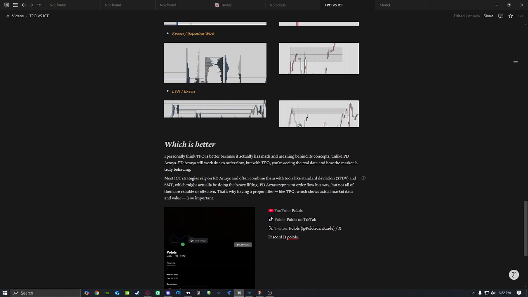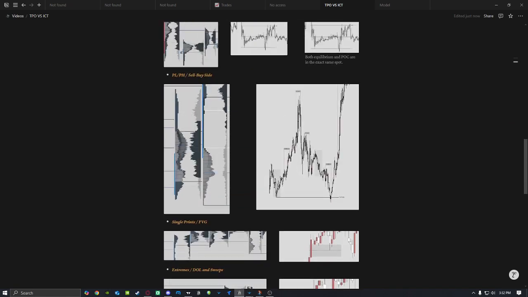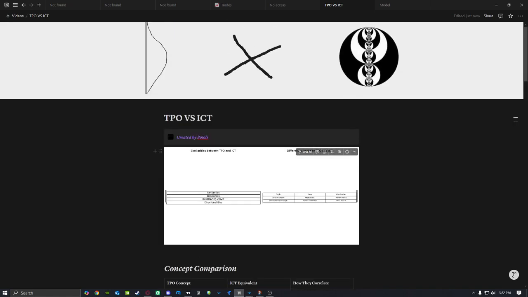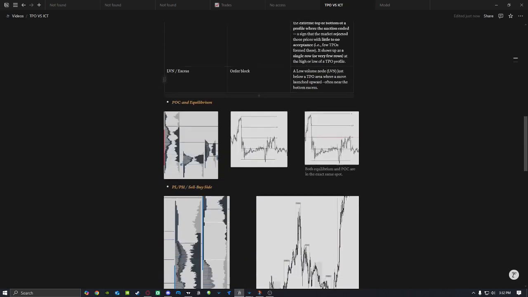In the future, I'll be going over standard deviation and SMT, and why they work. Standard deviation is kind of weird in how it works, but I'll explain it in that video. But yeah, this is what I think. Mind you, I did not use PD arrays or TPO here.